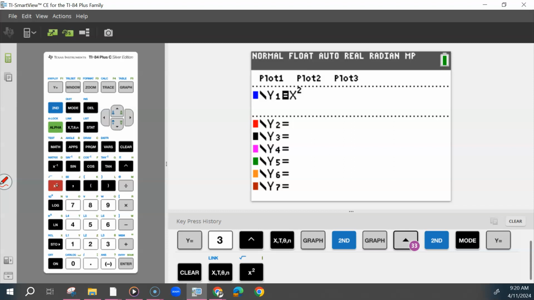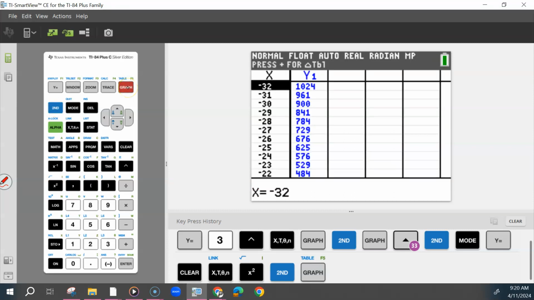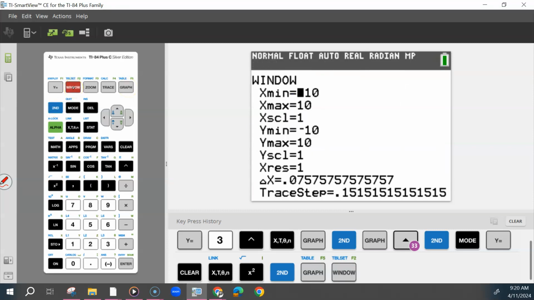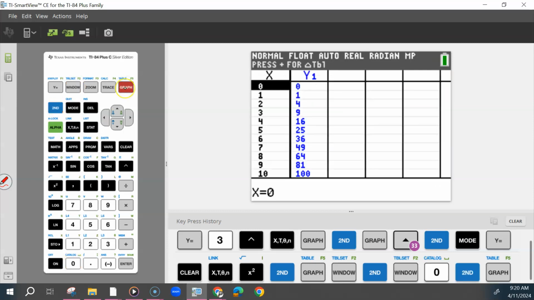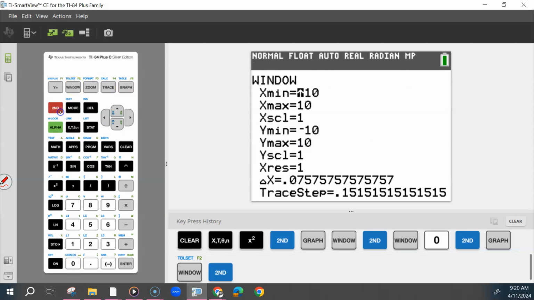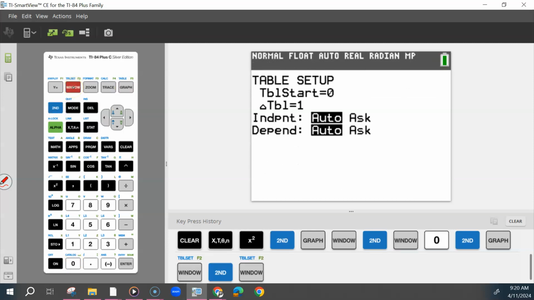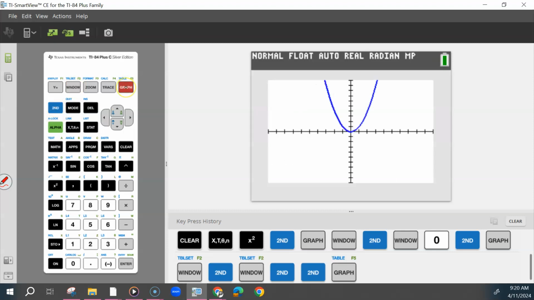And then go into the table, second graph. If yours did what mine just did, go back into second window and change that to 0. Second graph. There we go.